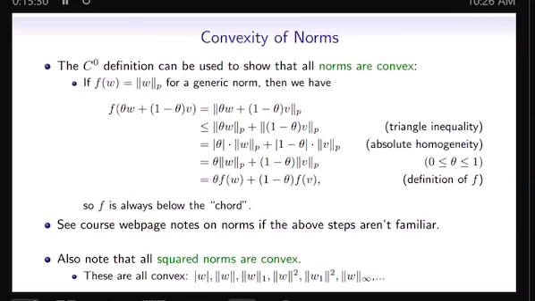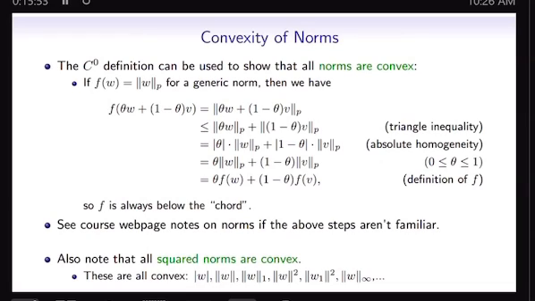Now I'm going to move on. I want to talk about the convexity of norms. You've heard about norms. We've done norms in this class. Now, somebody could ask, is a norm convex? We can investigate using C0, C1, or C2, whichever way you want.